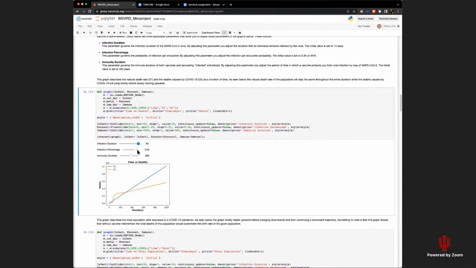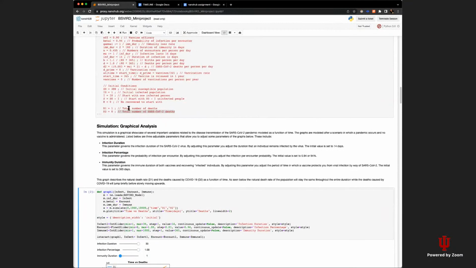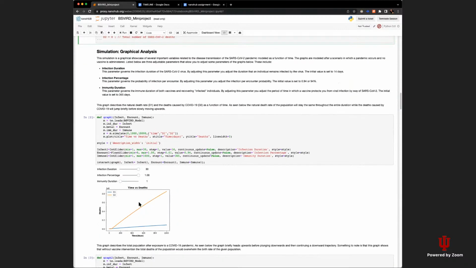So if we really max it out, we could just, immunity duration, sorry, the other way around. Yeah, you can really just kill a lot of people that way. And I believe that D1 is actually just referring to natural deaths, because otherwise this wouldn't be possible.